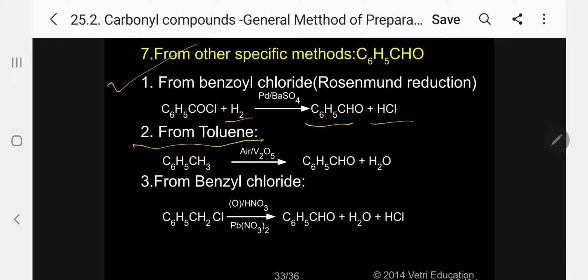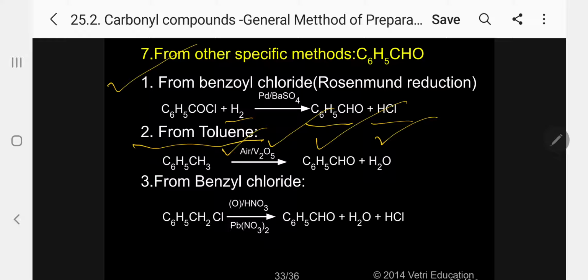From toluene, kindly follow, direct oxidation in presence of air under vanadium pentoxide. This is a weak oxidizing agent, oxidizing toluene to benzaldehyde and water. So this is not strong, so it is not converting aldehyde to acid, it will stop at aldehyde.